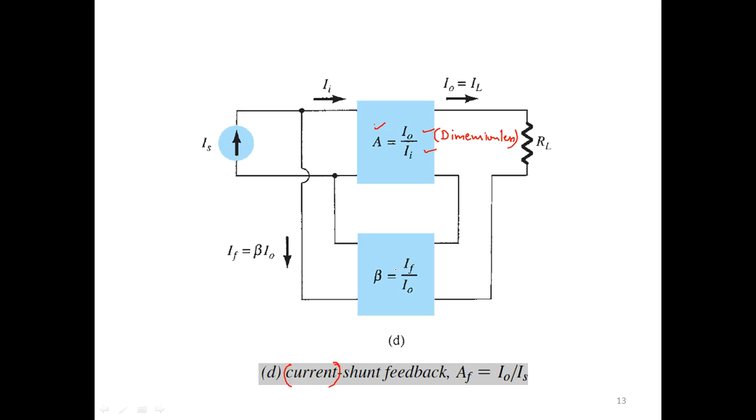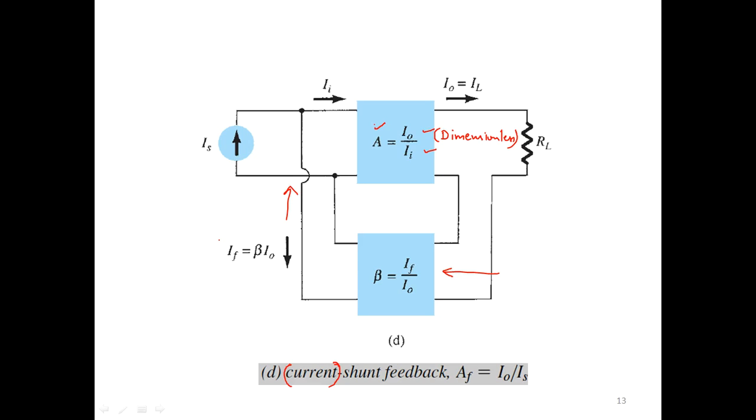Similarly, we are interested in taking the current and giving it as feedback to the feedback network, and the feedback voltage we are not interested in. So the feedback is given in parallel to the current source.